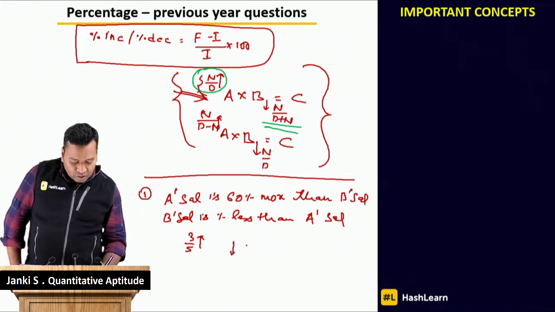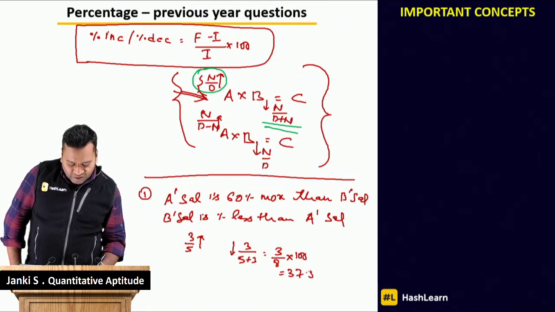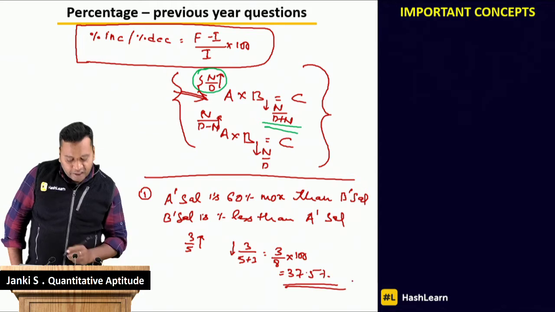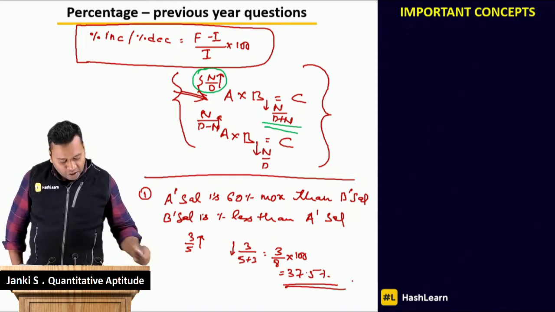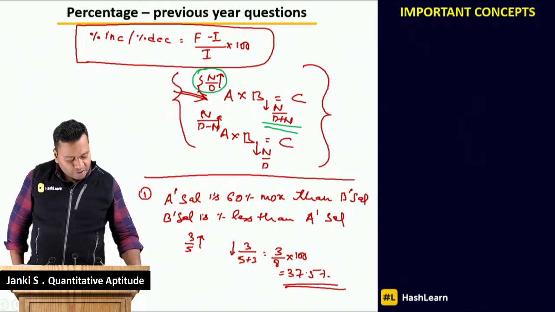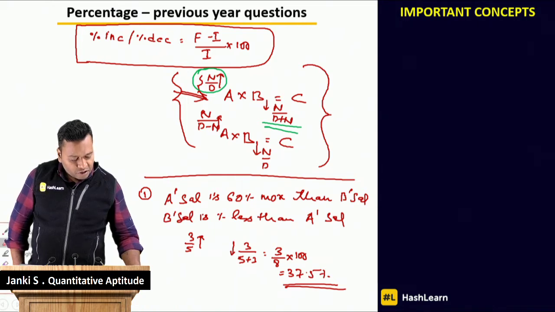So reduction percentage क्या हो जाएगा? 3 divided by 5 plus 3 which is 3/8, which we convert in terms of percentage. That's nothing but 37.5%, right? So ये condition है, ये एक फॉर्मेट है जो आपको ध्यान में रखना है. काफ़ी questions इसी फॉर्मेट से होते हैं, right?